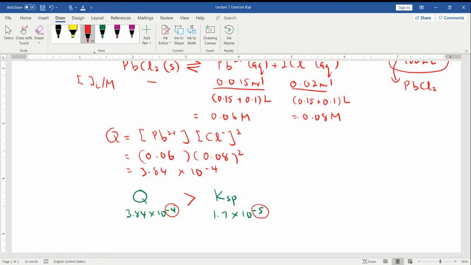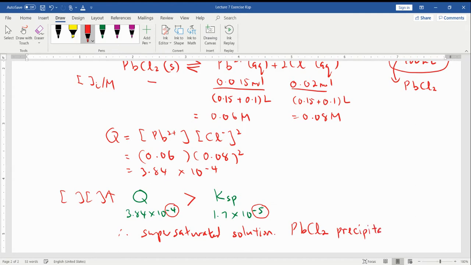Meaning that we have more product compared to KSP. So it is a supersaturated solution, and then PbCl2 precipitate will form.